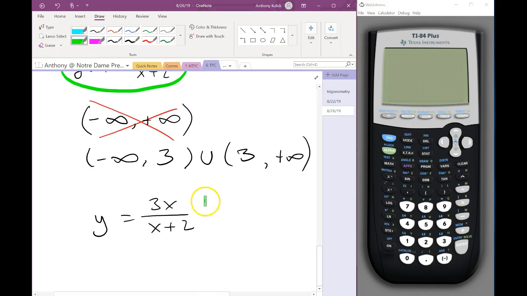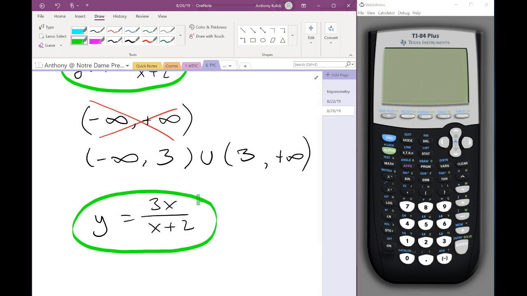So think back to 2 years ago in geometry. This kind of problem had a special name. This problem type started with a P, PRO, PROP.